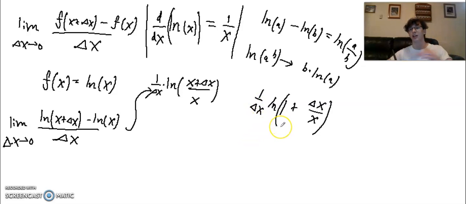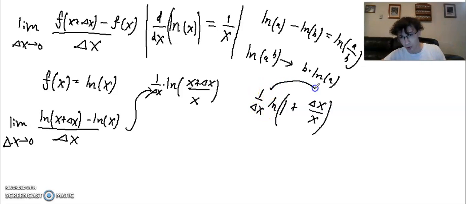Now, our second rule, ln of a to the b equals b times ln of a. Well, we can go in reverse. Our exponent, or our b right here, is just 1 over delta x.